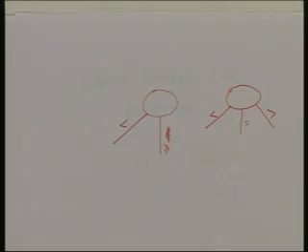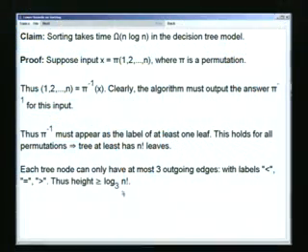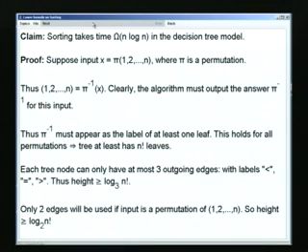Now if each tree node can only have 3 outgoing edges, then the height must be log of the number of leaves to the base 3. The height of a ternary tree is at least log of the number of leaves to the base 3, and therefore height must be log of n factorial to the base 3, because n factorial is a lower bound on the number of leaves. Turns out, however, that if we are only using permutations of this, then we will never pass through this equality edge.